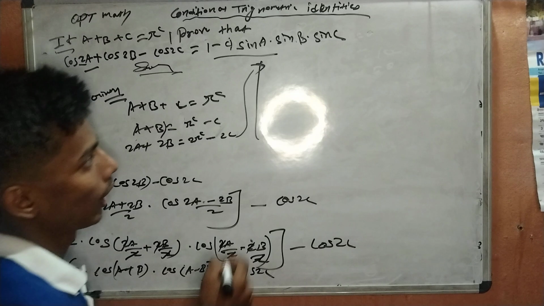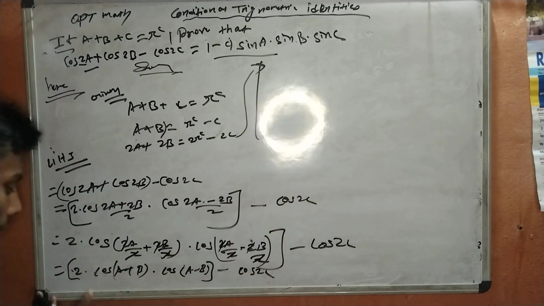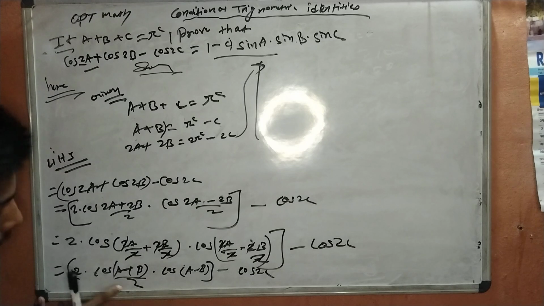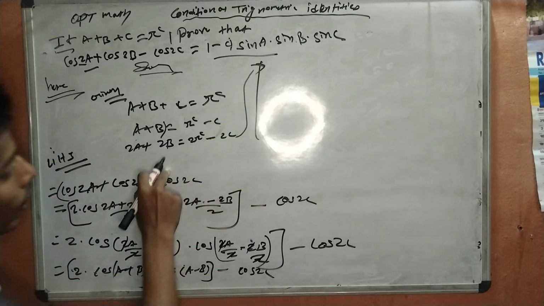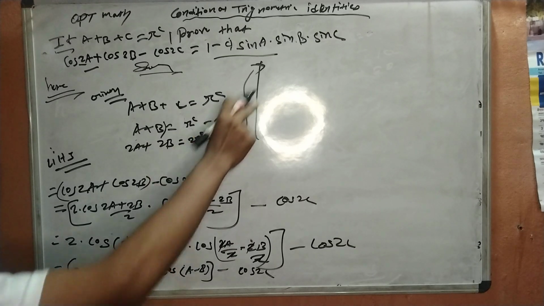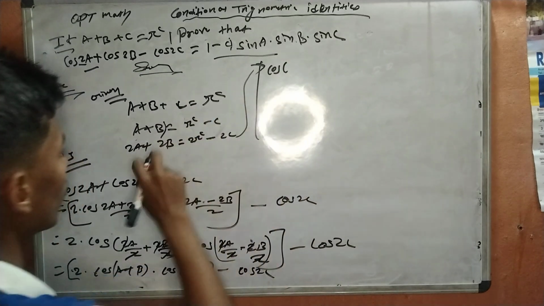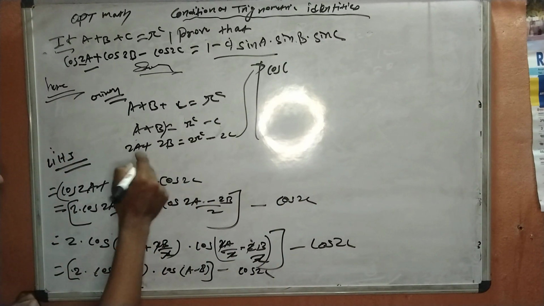As I said before, here we need to see what condition is given, cos a plus b or cos a minus b. Here these two are not given, so we will not even write the 2 here. We will just multiply both sides by cos only. So cos 2a plus 2b, the 2 will be cut.